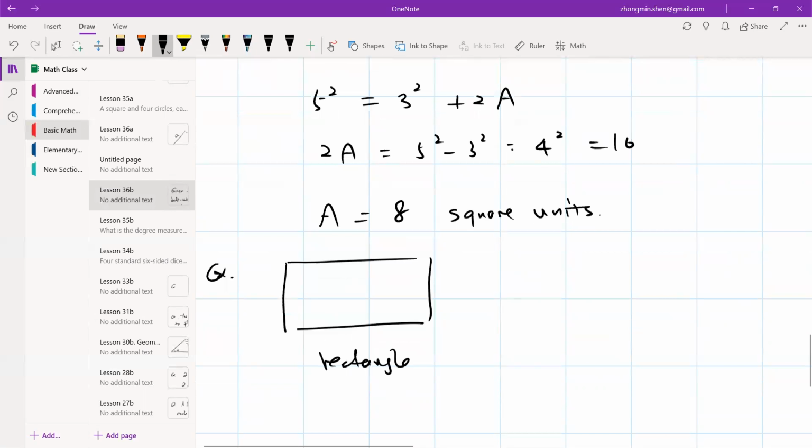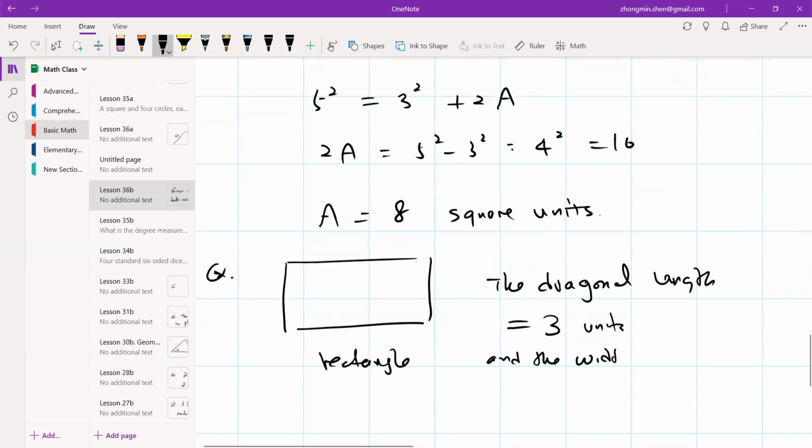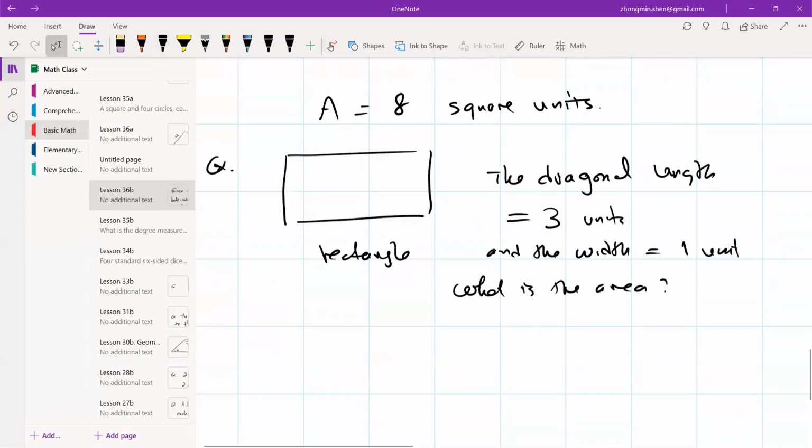Given the information, the diagonal length is going to be 3 units, and the width is going to be 1 unit. What is the area? So please do this problem.